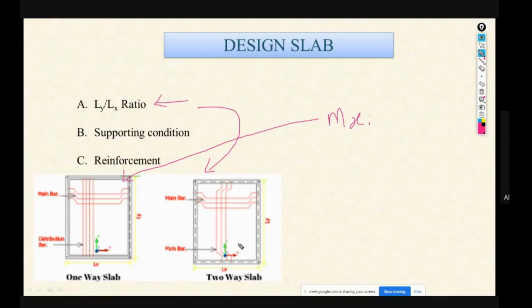But in two way slab we have to calculate the moment in both directions, in X direction as well as in Y direction.